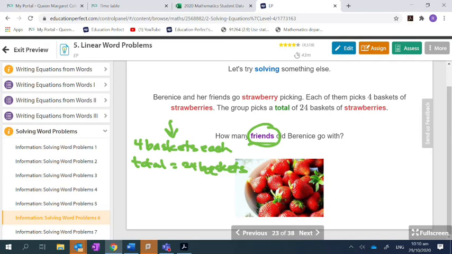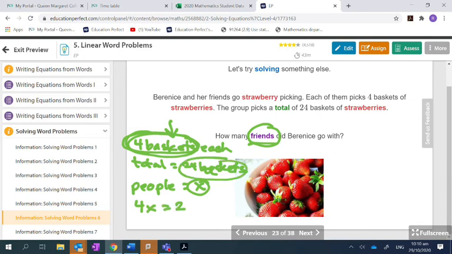So the number of people who went, we'll call X, or whatever, P, whatever letter, I don't care. How many baskets each? 4 times the number of people, which is X, equals how many baskets did they pick? Now, how can I solve that? My X is already by itself, except for that 4, which is attached to it with what operation?